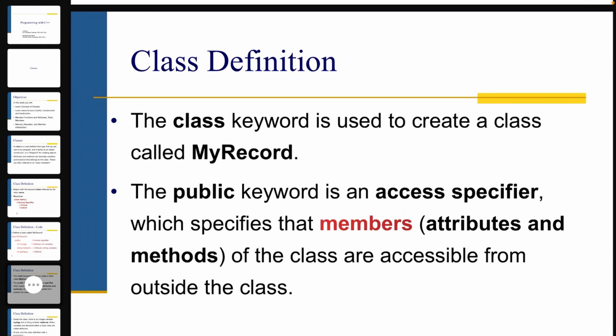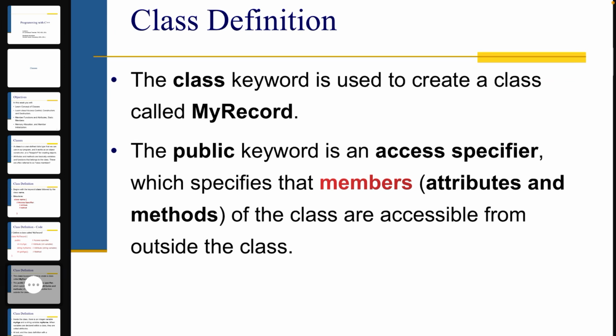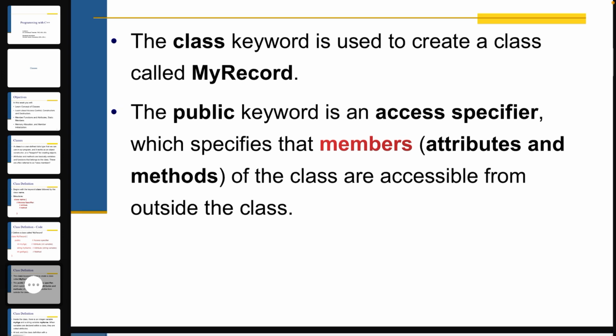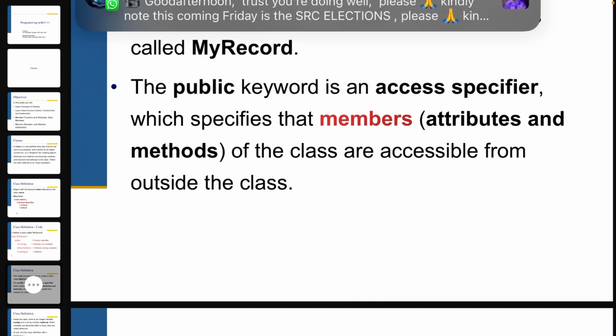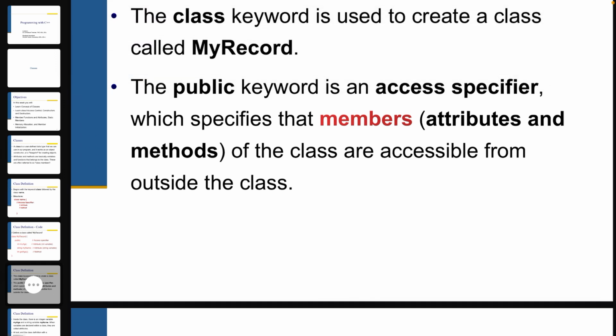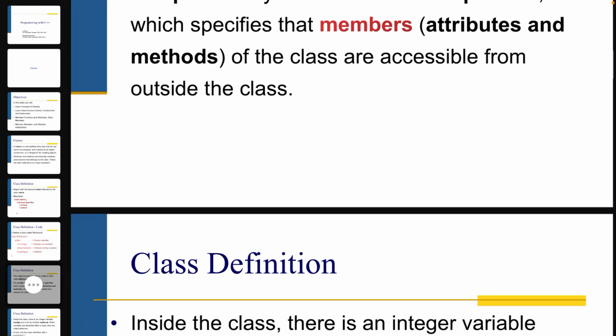The semicolon. The class keyword is used to create MyRecord. The public keyword is an access specifier, which specifies that members, attributes and methods of the class, are accessible from outside the class.